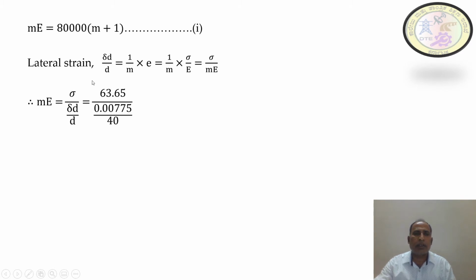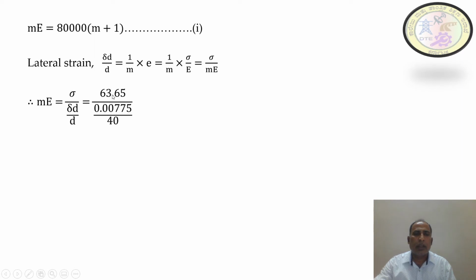Therefore, mE is brought to the left hand side and delta D by D to the right hand side. So mE is equal to sigma divided by delta D by D.